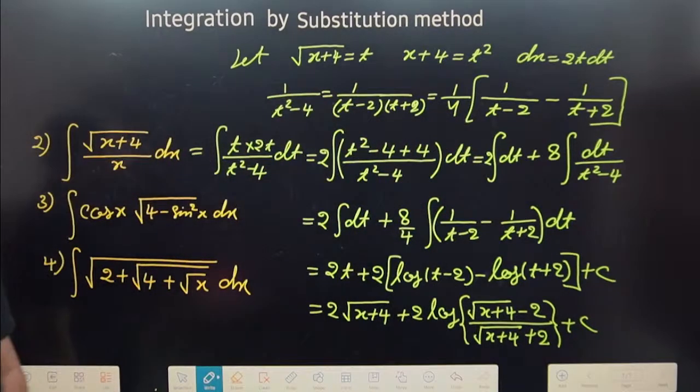Make it. I hope it is clear. If anyone faces any doubt at any step, then comment.